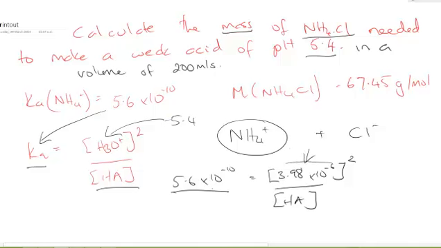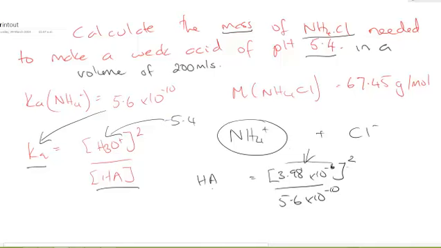It still has to be squared and over HA. Now, if I rearrange this, so I'm going to put the HA here, and I just bring the 5.6 times 10 to the negative 10, I should be able to solve that. Remembering, I still have to square this value here.